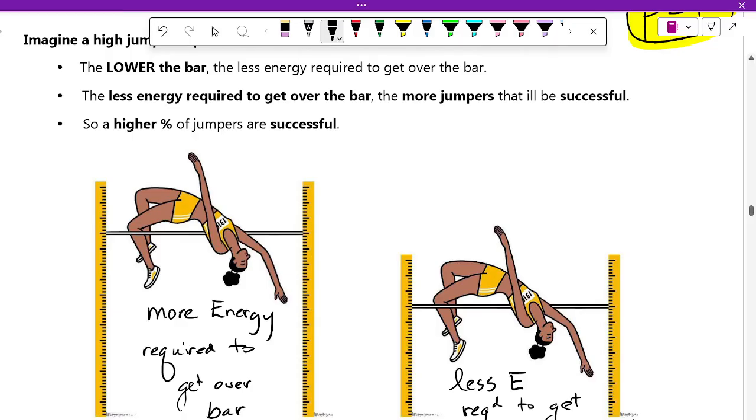So out of all the high jumpers in the competition, which bar is going to have a larger percentage of all the high jumpers who can get over it?